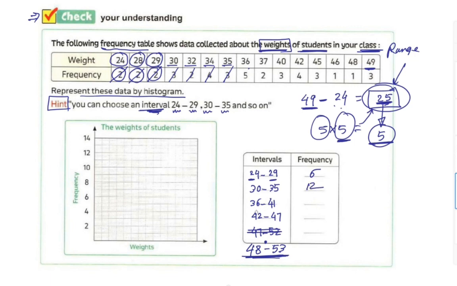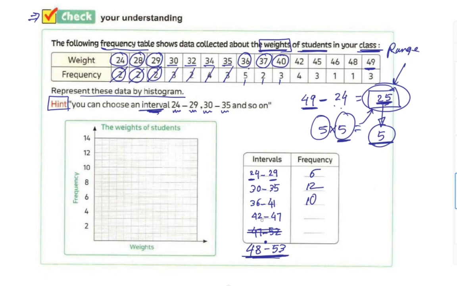Next interval from 36 to 41: 5 and 2 is 7, and 3 equals 10.